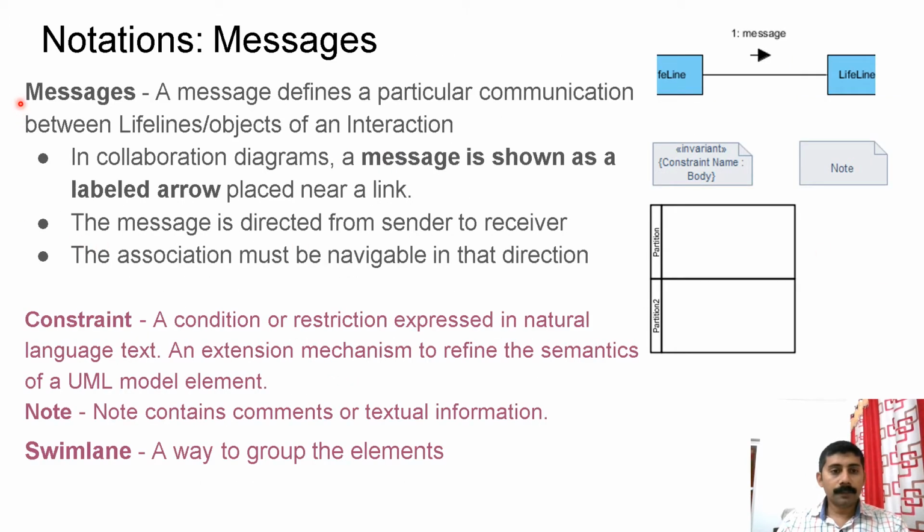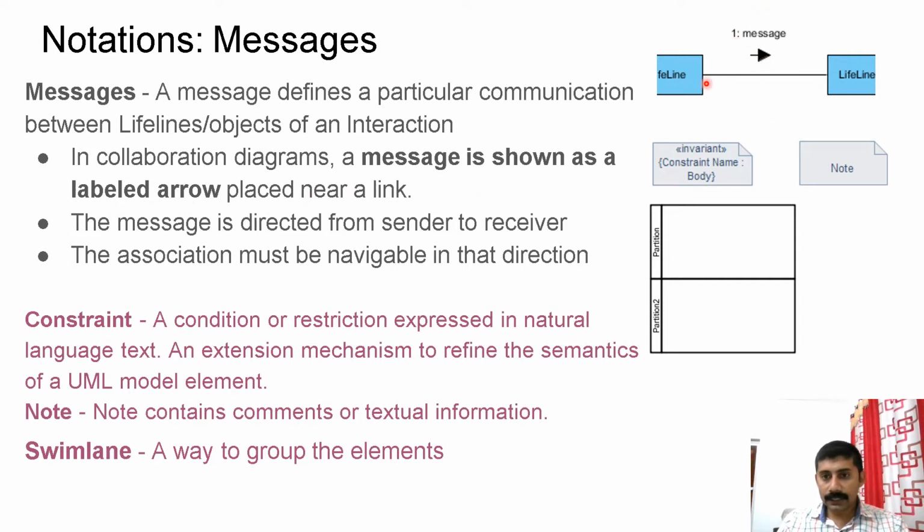The other notation is message. A message defines a particular communication between two objects or two lifelines of an interaction. In a collaboration diagram, a message is shown as a labeled arrow placed near a link.